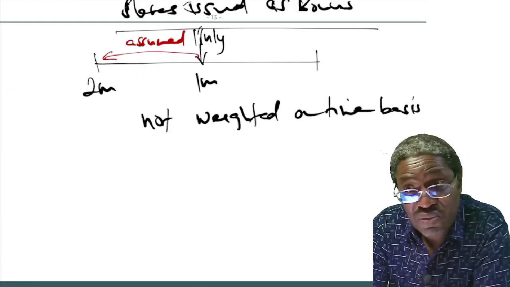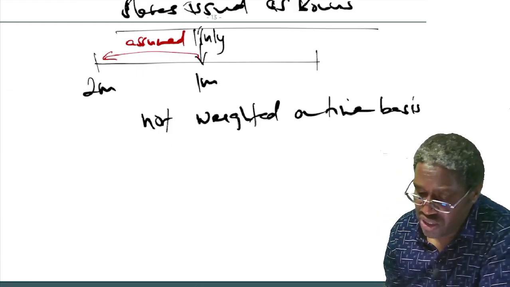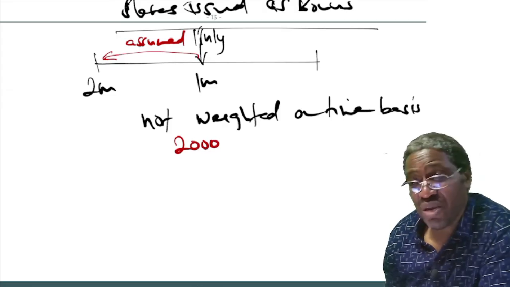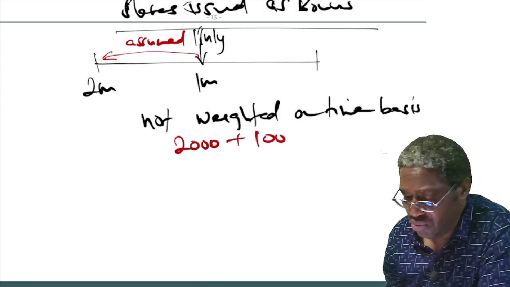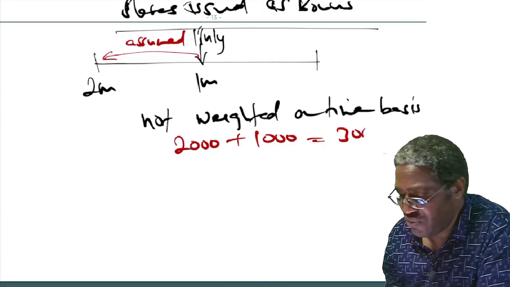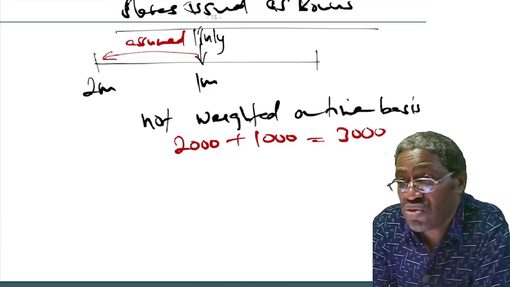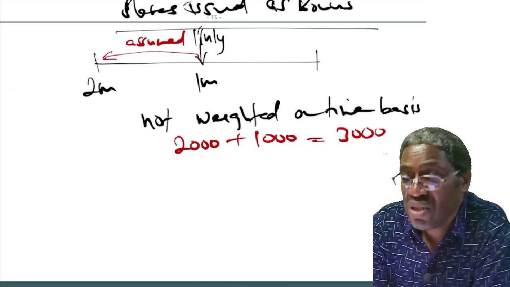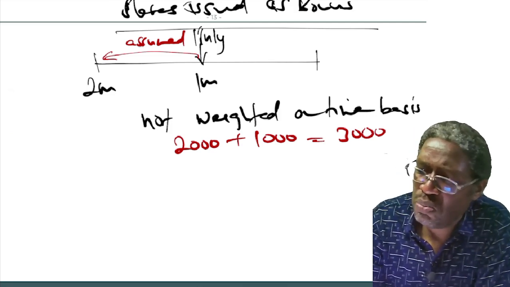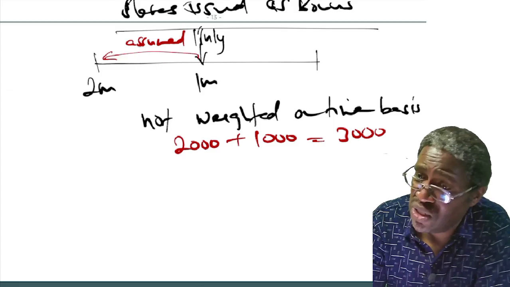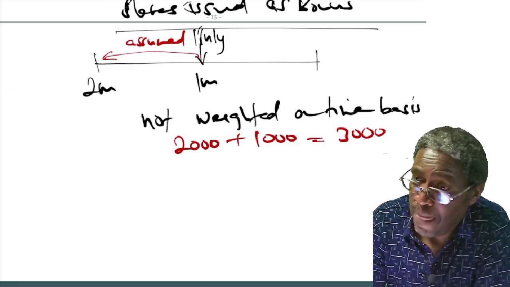So you just take your 2 million shares that were there by the beginning plus the 1 million bonus shares. That means your weighted average number of shares will be how much? 3 million. So that's how we compute the weighted average number of shares when shares are issued as bonus shares.